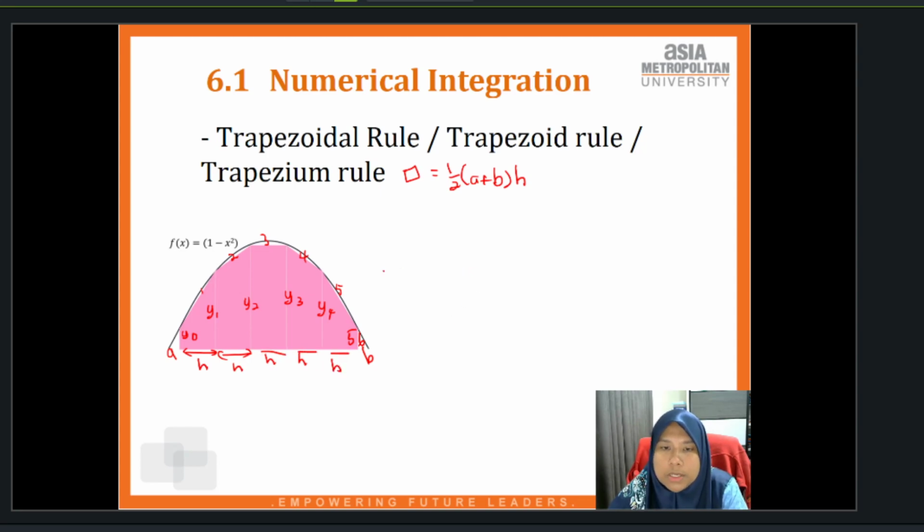Okay, so let's make an equation to find this area.